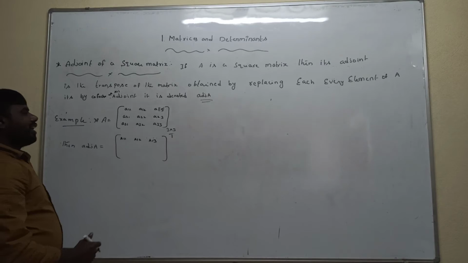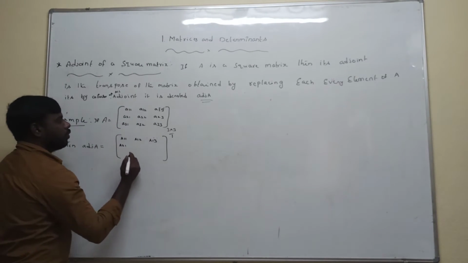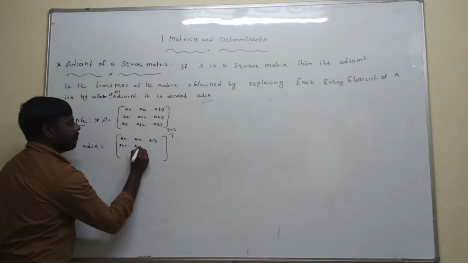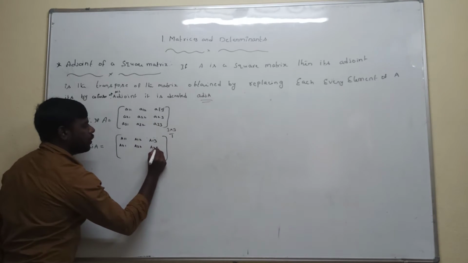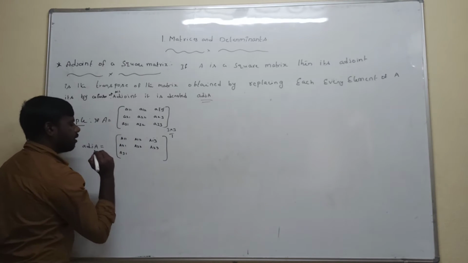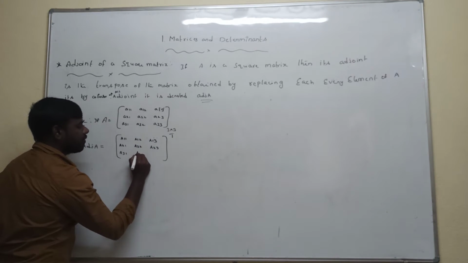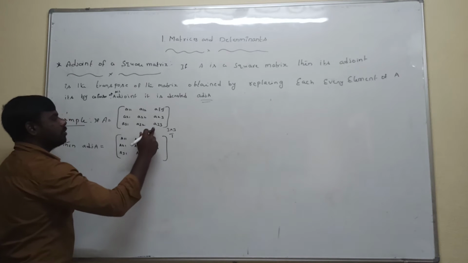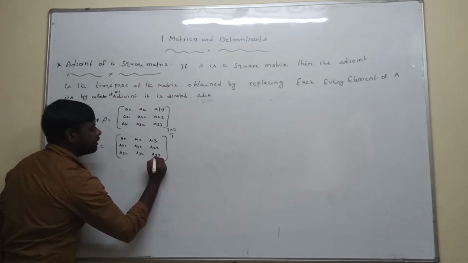So A21 is replaced by cofactor of A21, A22 by cofactor of A22, A23 by cofactor of A23. A31 is replaced by cofactor of A31, A32 by cofactor of A32, A33 by cofactor of A33.